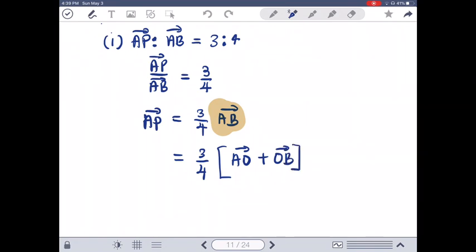Or we can have a look at it this way. We know that, to make it easy, back minus front: position vector back minus position vector front. So vector OB minus position vector OA, which is just equal to 3 over 4.